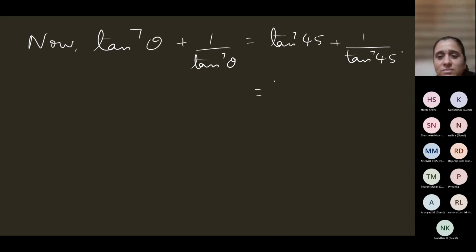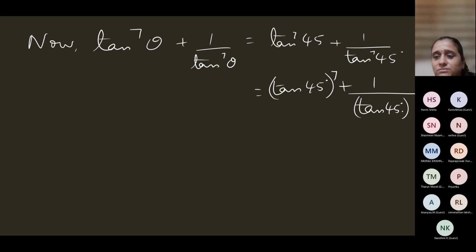So now this is nothing but tan 45 degrees, the whole power 7, plus 1 by tan 45, the whole power 7. So we know that tan 45 is 1, so 1 to the power 7 plus 1 by 1 to the power 7, which is 1 plus 1, which is 2.